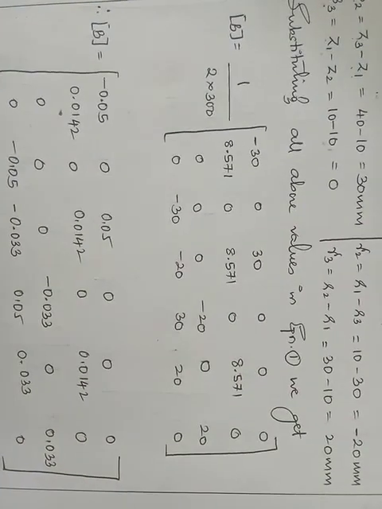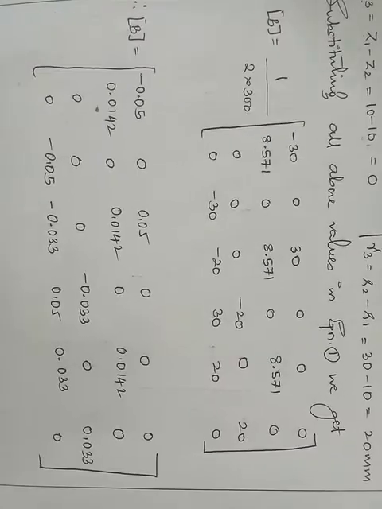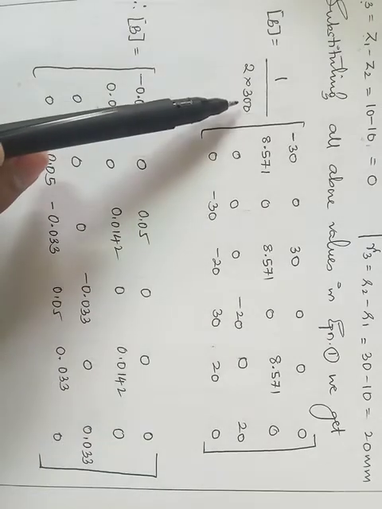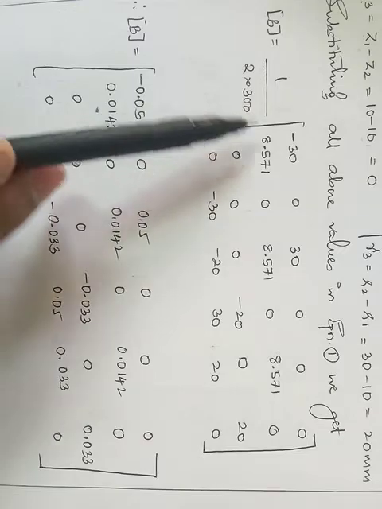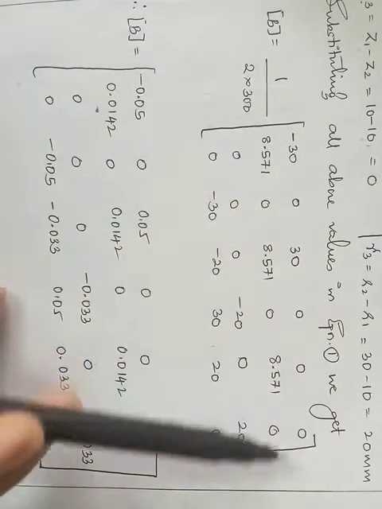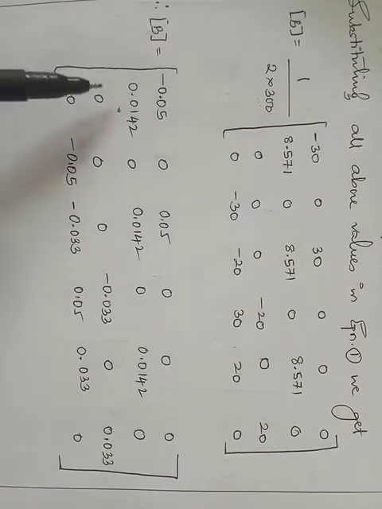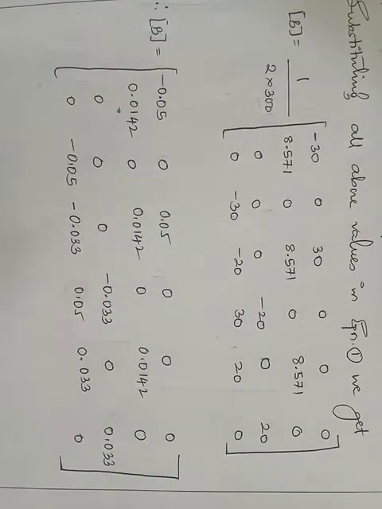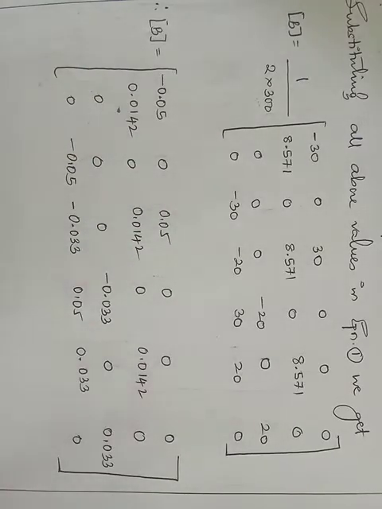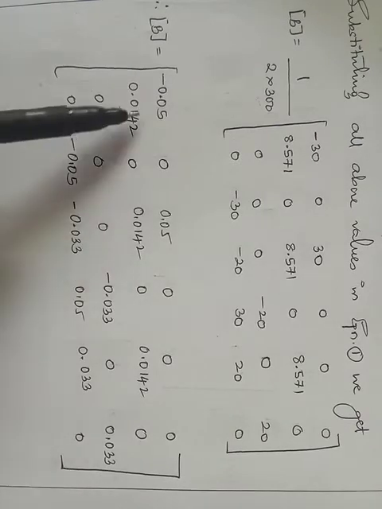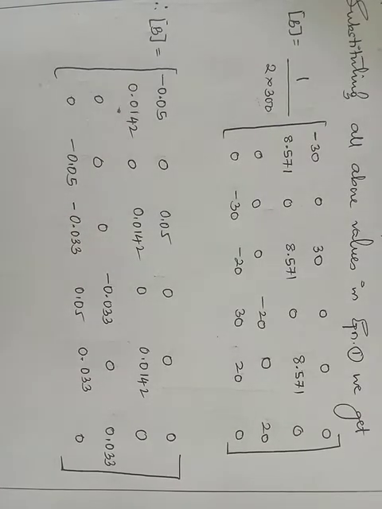If you substitute every value I have calculated and simplify, and the value of area A was 300, each term in this B matrix I have divided by 600. So I will be getting a B matrix, which I call the strain displacement matrix for axisymmetric triangular element, as this. So it is a 4 into 6 matrix, 4 rows and 6 columns, right?